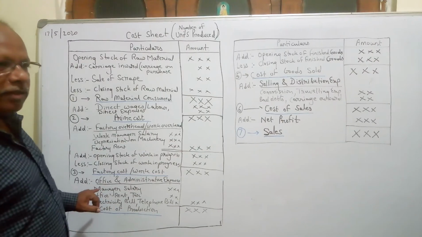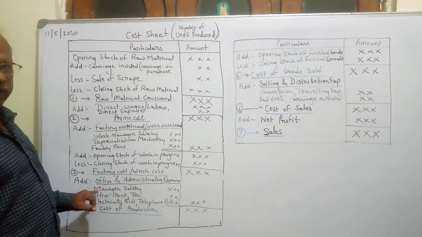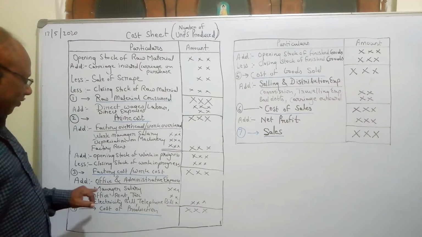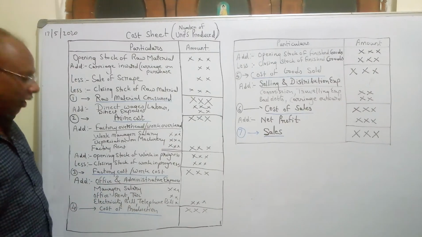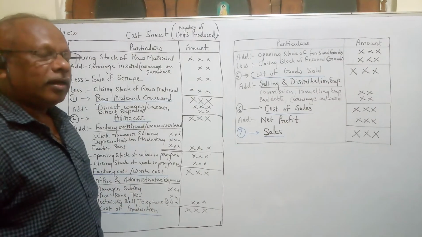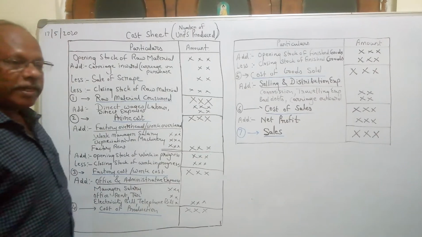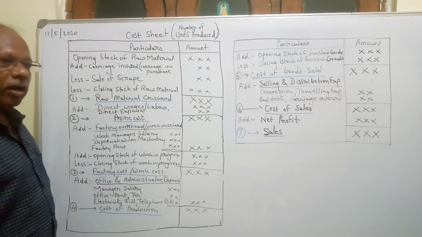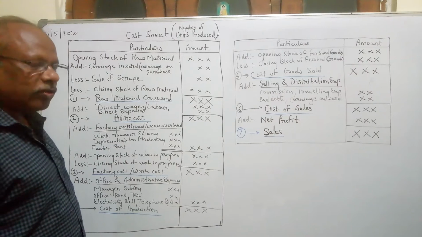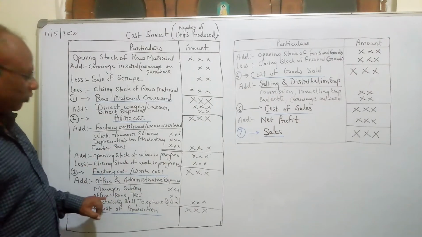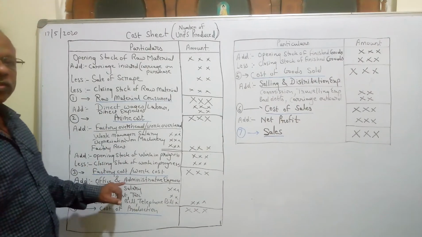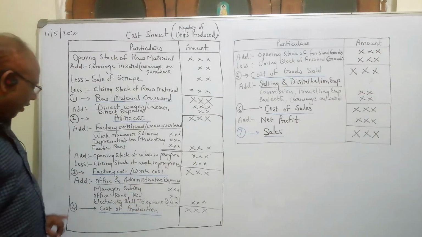It is not a work manager salary, but an office manager salary. Then office rent, tax, electric bill, telephone bill, stationery, postage and telegram. These are all used in the office. These are of course office expenses, so they are written under the head of office and administrative expenses.